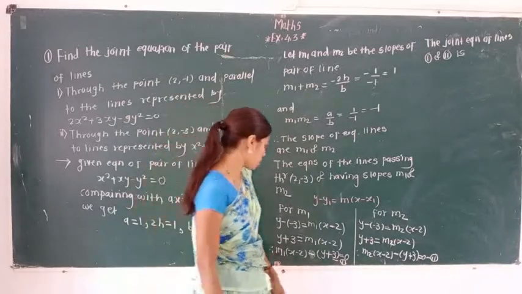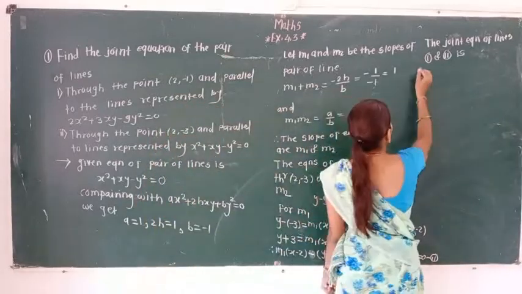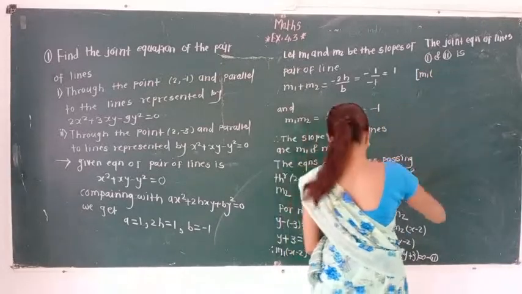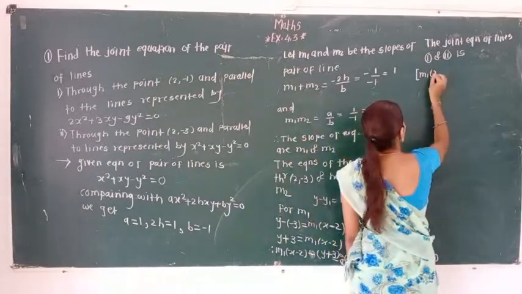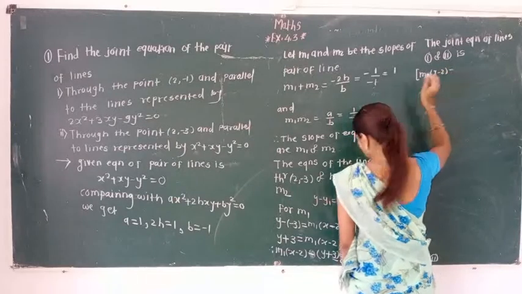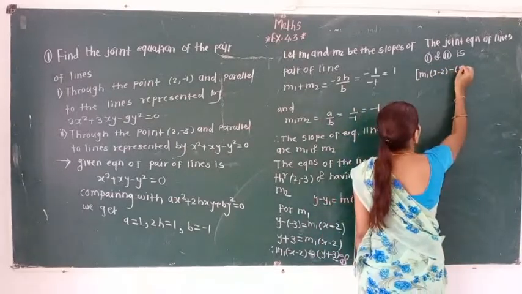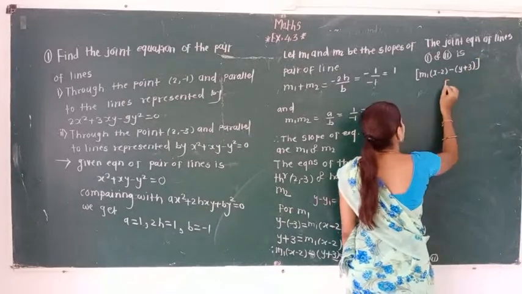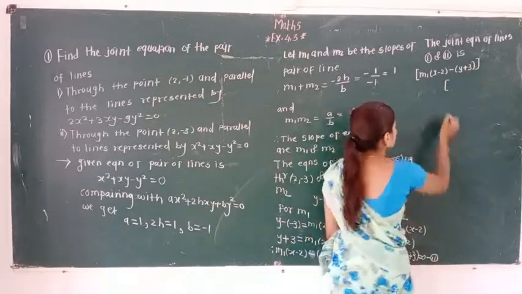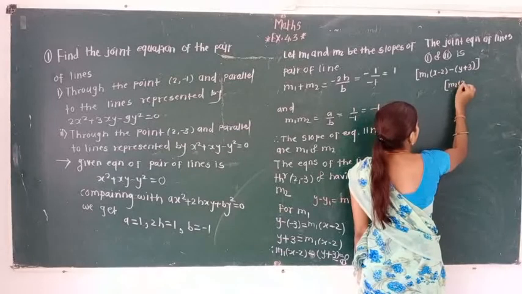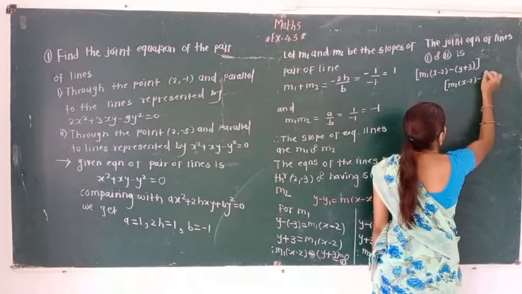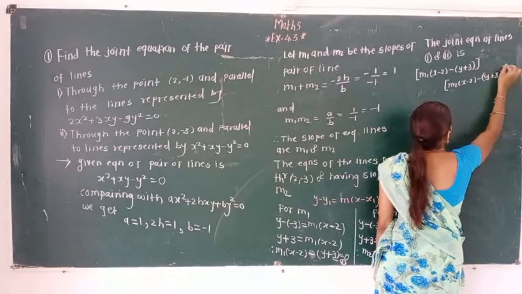Now the first line is m1 in bracket x minus 2 minus in bracket y plus 3, and the second line is m2 in bracket x minus 2 minus y plus 3 is equal to 0.